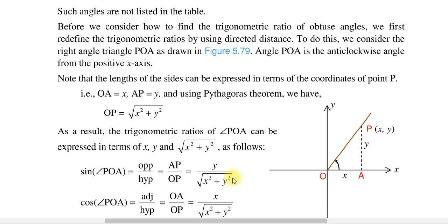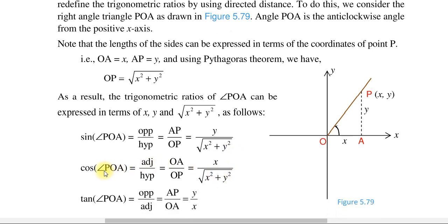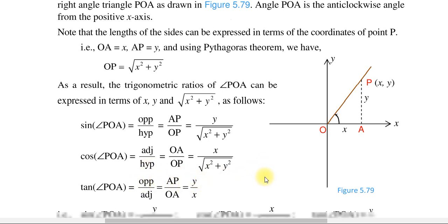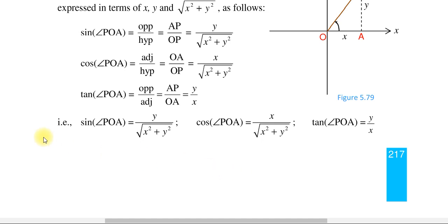Cos of angle POA is adjacent over hypotenuse, which is OA over OP, which is x over under radical x square plus y square. And tan means opposite over adjacent, which is simply y over x.